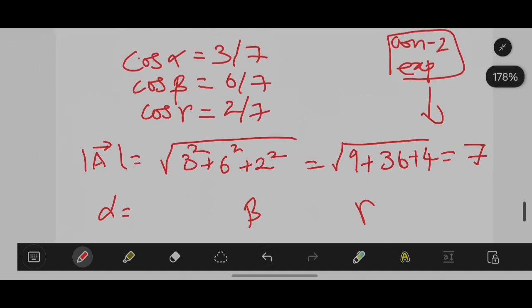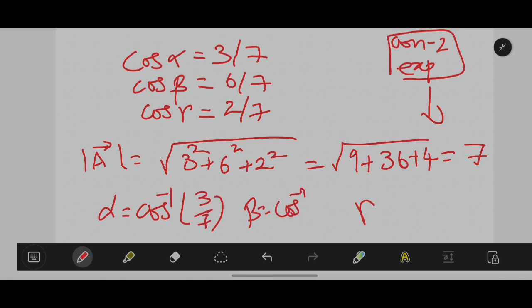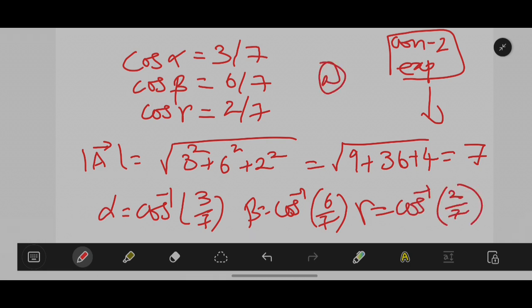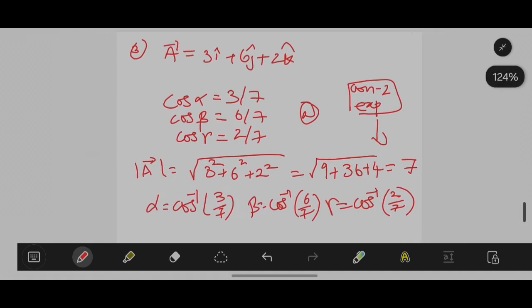Sending that cos to RHS, it will become cos inverse. Inverse trigonometric function you are supposed to use here. Cos inverse of 3 by 7, cos inverse of 6 by 7 and cos inverse of 2 by 7. These are the angles which will match with option A. So question number 3 is option A.